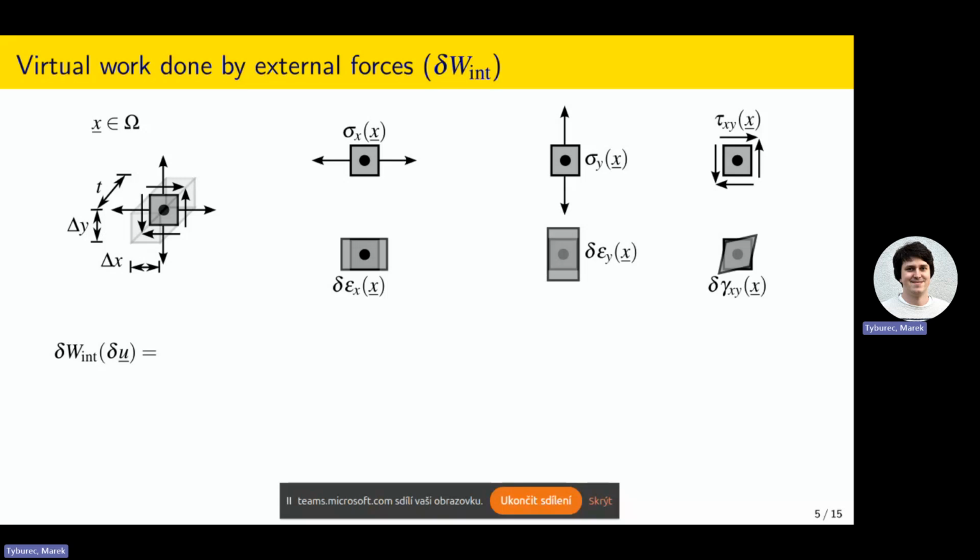Maybe what I should have said in the beginning, but I know that you wrote it down with Jan last time, is why do we actually derive these energies? Because in the end, what we'd like to do is to write an equation, which is the virtual energy of the external load in the domain plus the virtual energy of the external load on the boundary. And of course, this must be equal to the internal energy.